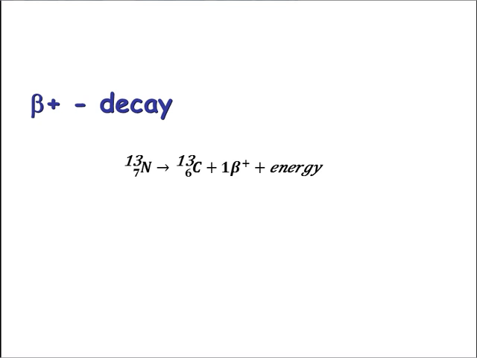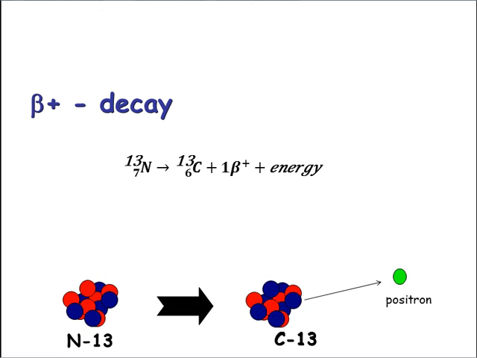Instead of being a negative beta, it's positive, but the properties are effectively the same. If we look at that diagrammatically, here we've got our nitrogen, it decays, and we see that this proton has now become a neutron, ejecting a positron.